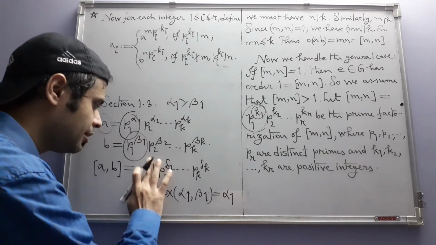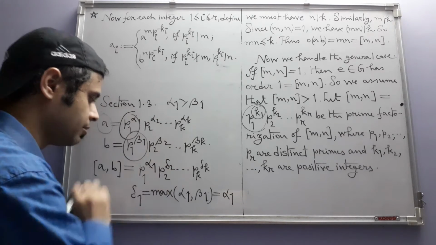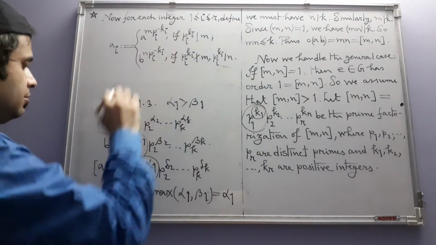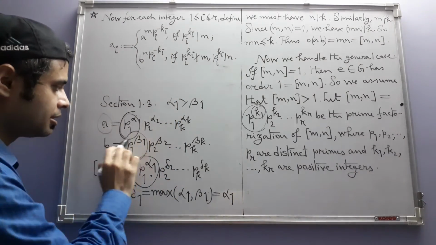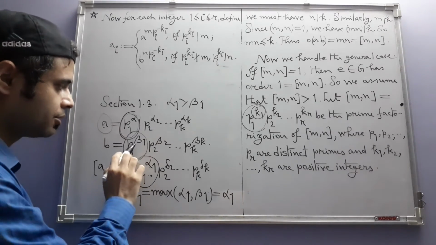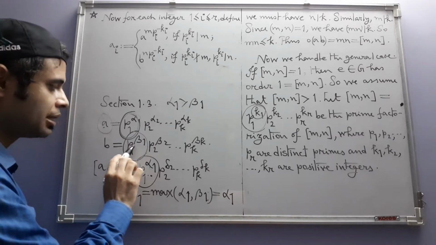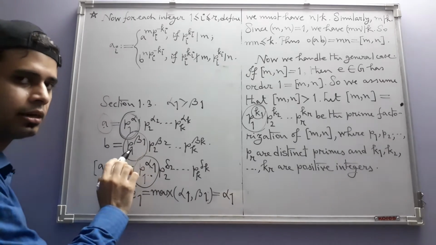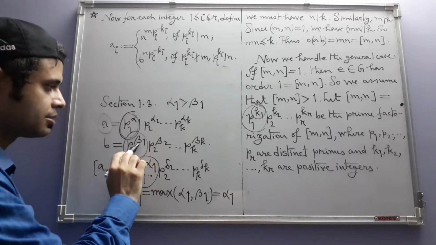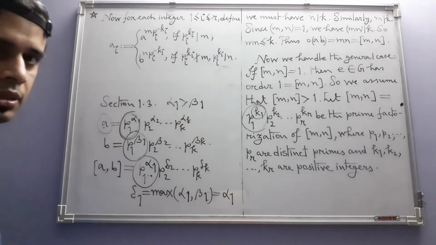Now here we have p1 to the power alpha 1, and this divides A because it appears here. This, however, does not divide B. Keep that in mind, because here we have more p1 than what we have here. Here the number of p1s is alpha 1, here the number of p1s is beta 1, and alpha 1 is greater than beta 1.